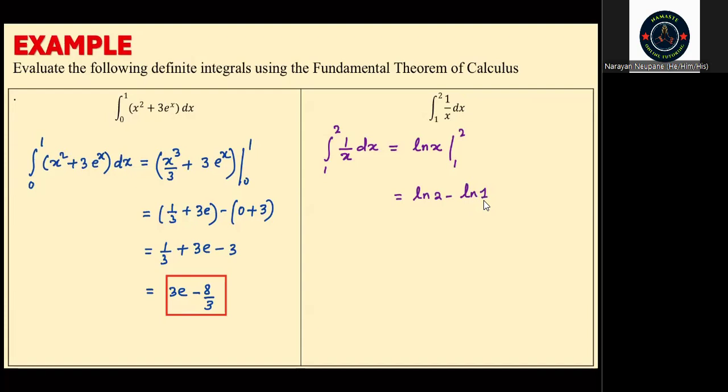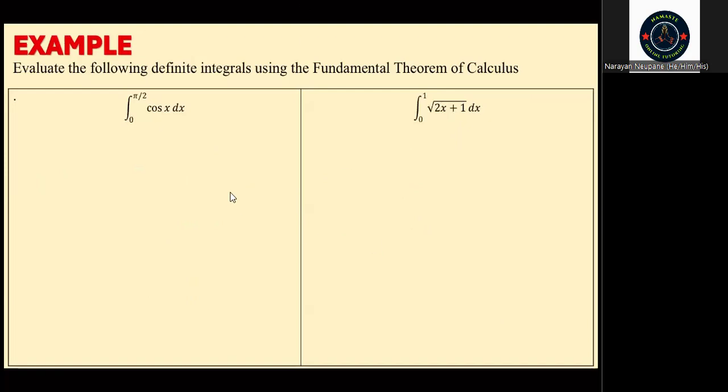Log 1 is 0, so natural log 2 minus 0, which is equal to natural log 2. So that is the value of this definite integral. Okay, so in both of these, we use the reverse process of differentiation to find the definite integral.